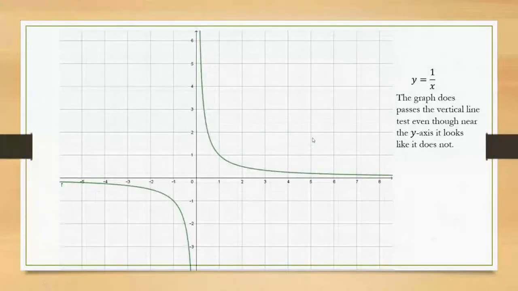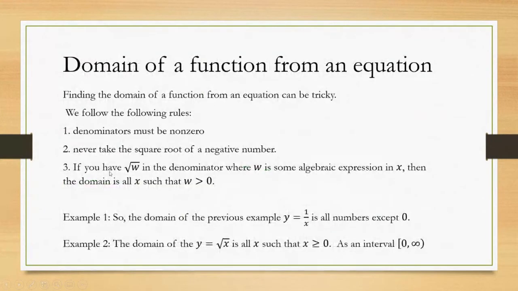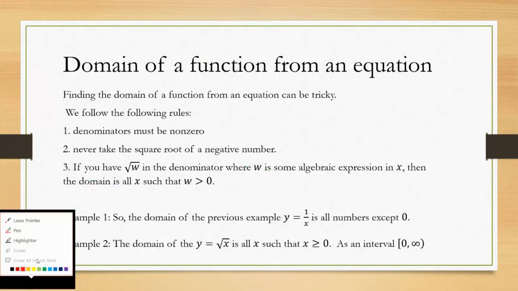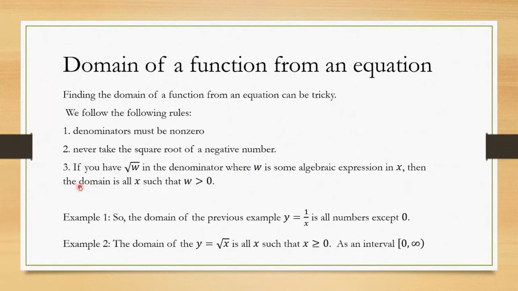Okay. So basically from graphs and equations, you can get y as a function of x. Now, a very important concept with functions, as we saw with relations, is the domain. Remember, the domain is the collection of all possible inputs for the function.